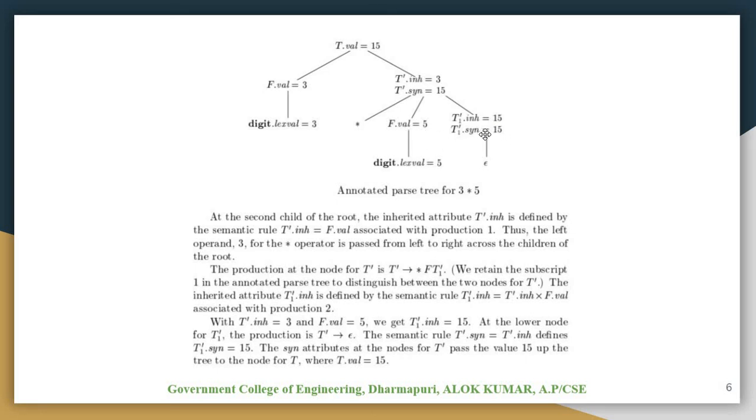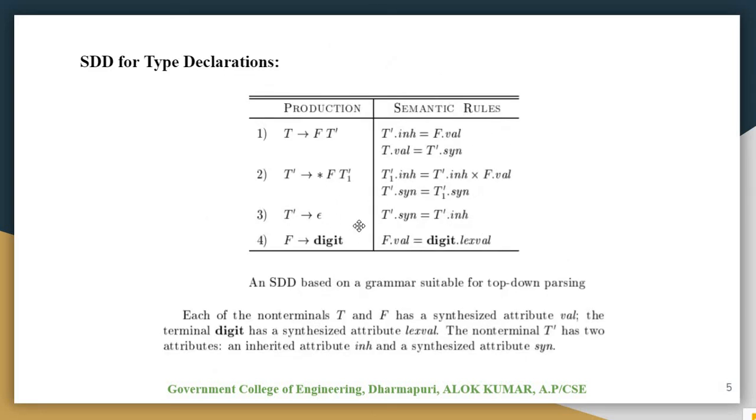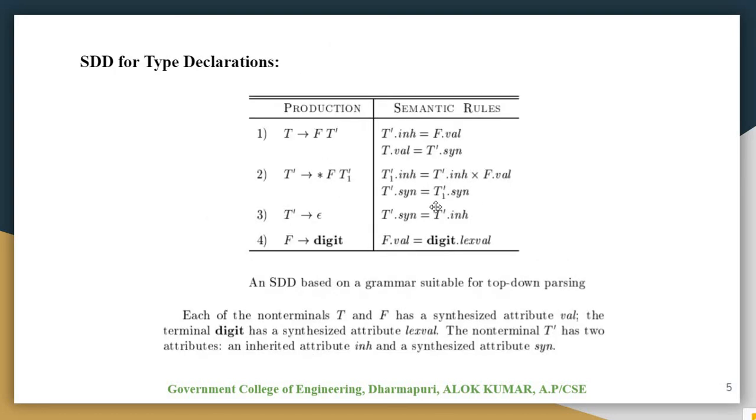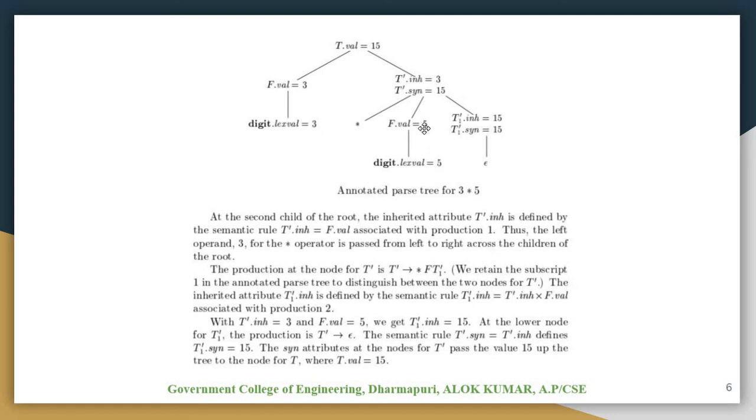This F generates digit and T' generates empty. In this manner we can find the value at each node. When we calculate through this annotated parse tree, the value 3 comes here, and based on the semantic rules, the F.val here will be 5, and this one is empty. Firstly we have to find this value.